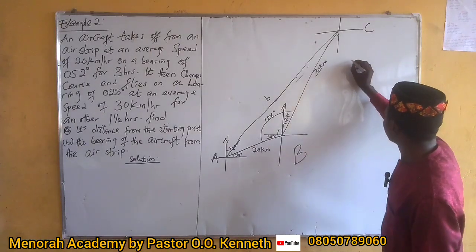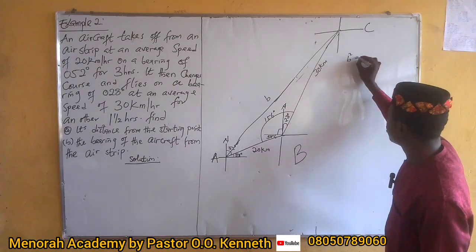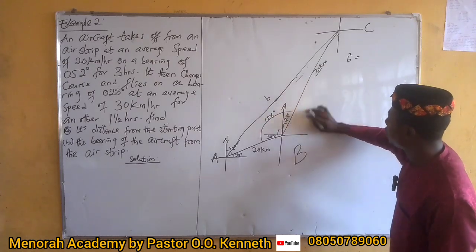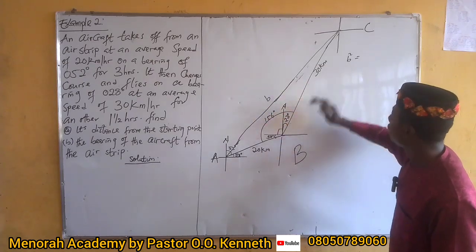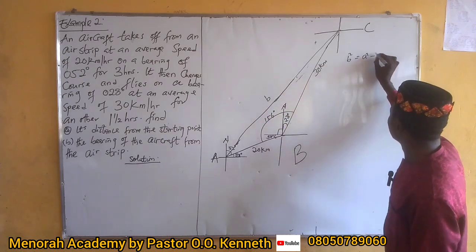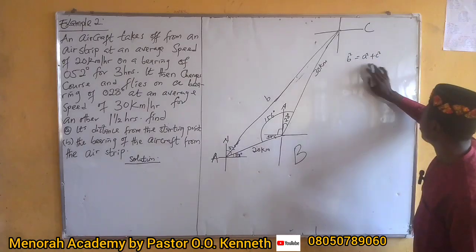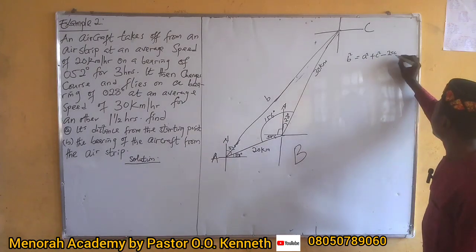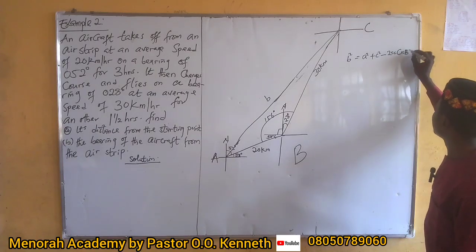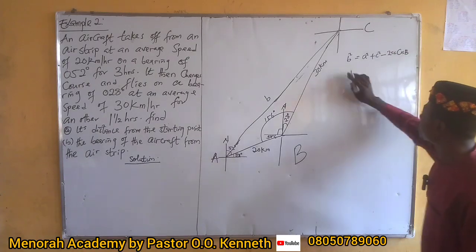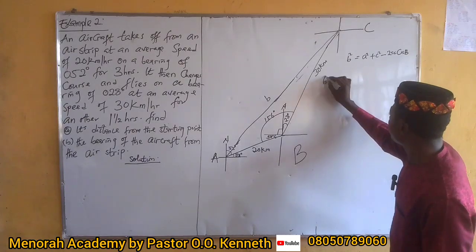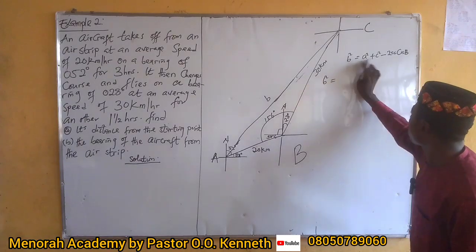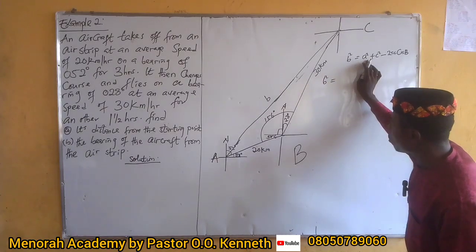Remember that our cosine rule, b squared is equal to a squared plus c squared minus 2ac cos B. So my b squared now will be equal to, what is my a?